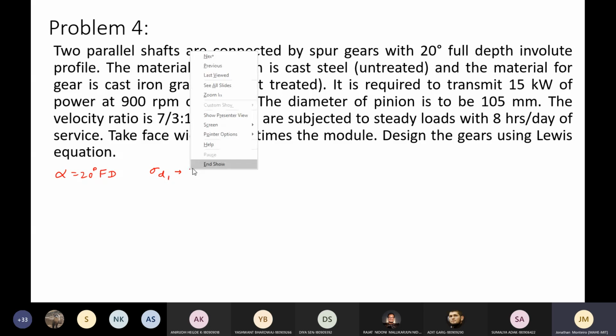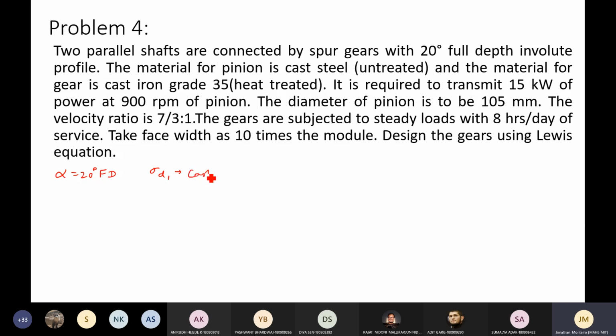Cast steel, untreated. So sigma D1 equals 138.3 megapascals.